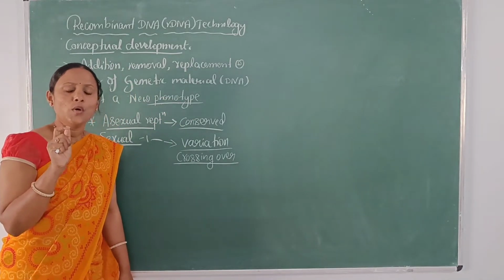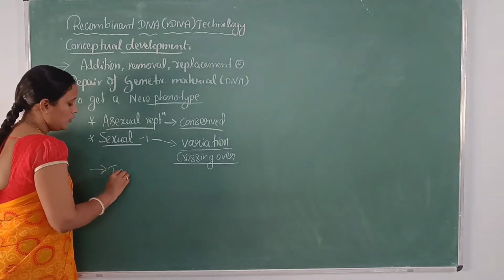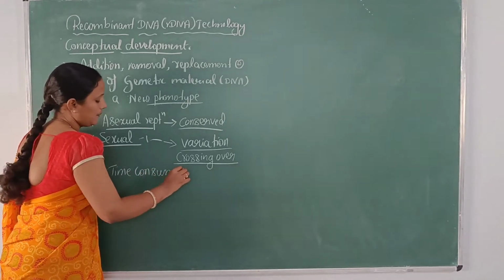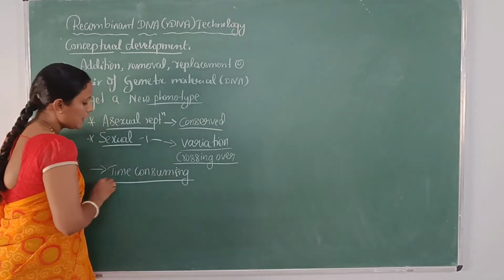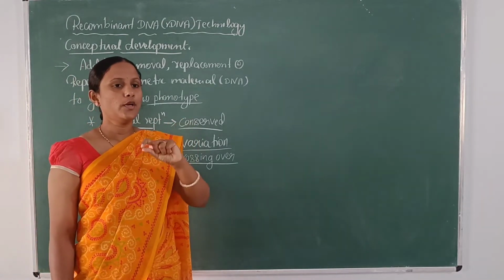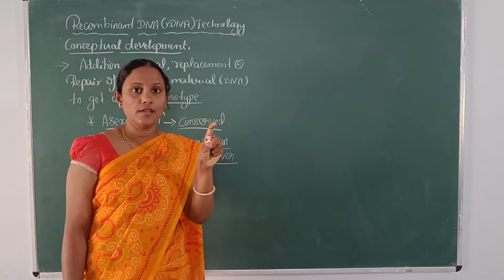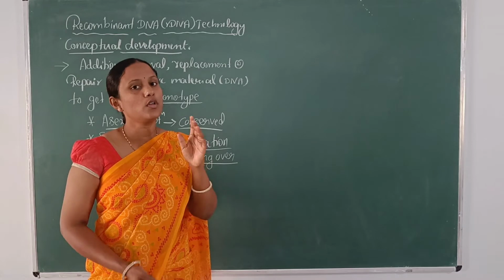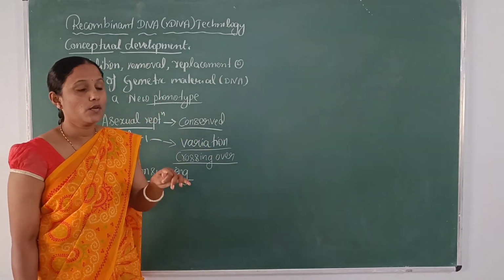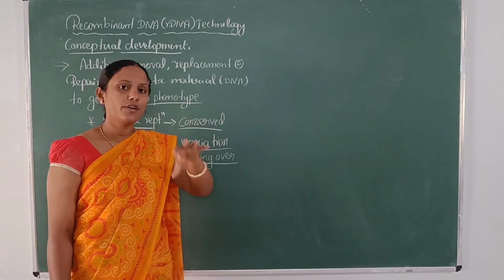But one of the drawbacks here is it is time consuming. No doubt, it is time consuming. Which means in order to develop some new variants or new organism or a new character, one should observe for more generations. The scientist has to observe it for more generations because the organism has to produce gametes, gametes have to undergo fertilization.